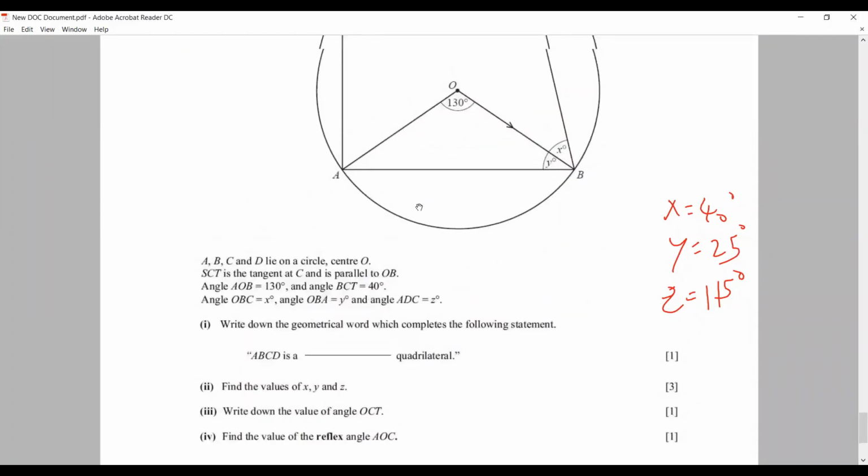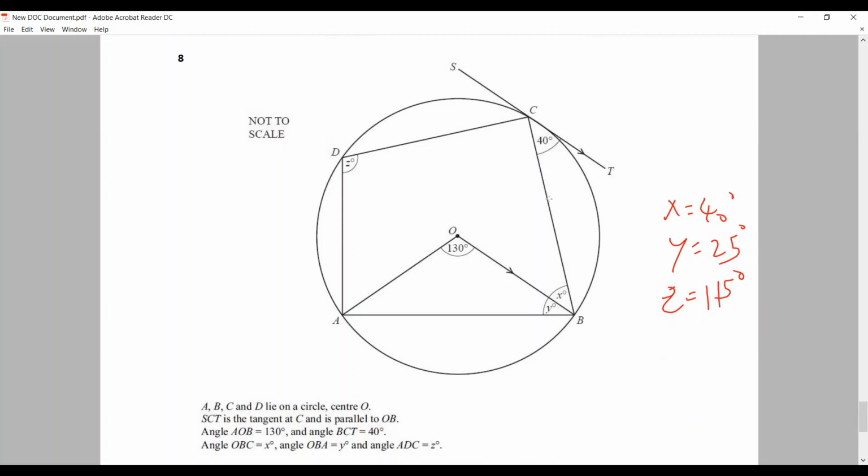And moving on to the next part, let's see what they're asking us. Write down the value of angle OCT. So that means we're going to draw a line from the center to C. You shouldn't trust the scale, okay? That means don't really rely on your eyes this time. We need some facts.